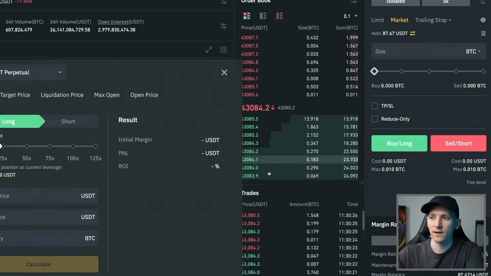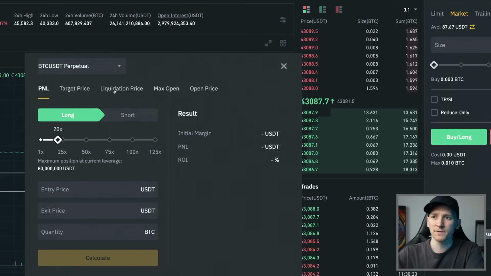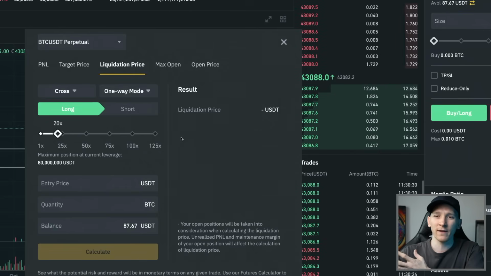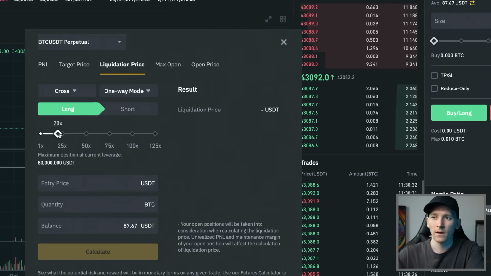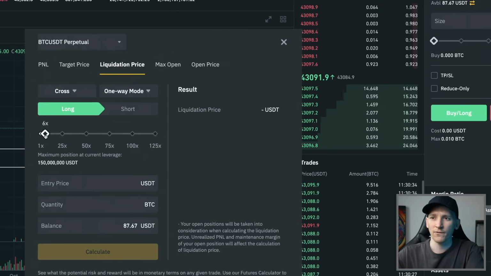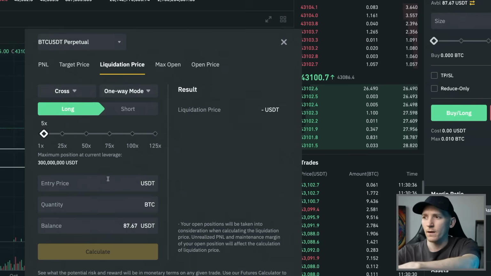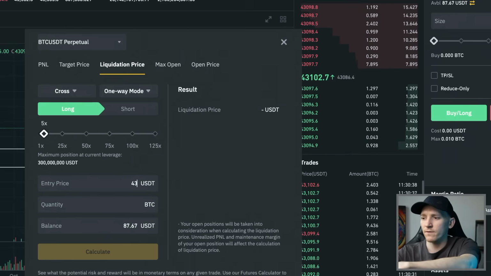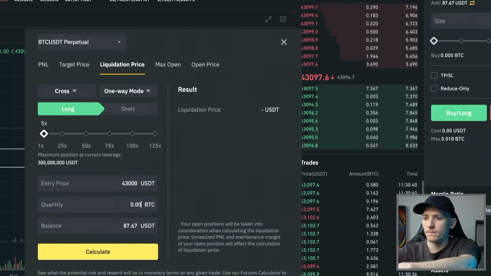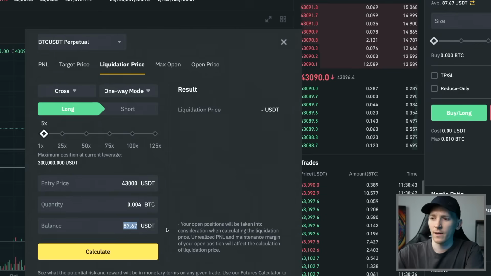If we go back to the calculator, we can do some calculations about potential liquidation prices and how much money we have to put down. So with 5x leverage, it was 43,000, 0.004 BTC. Let's say we have $50 on account, calculate. So that would be our liquidation price at 30K.